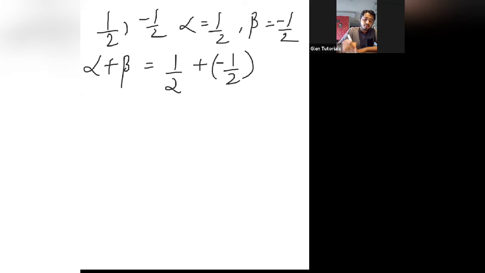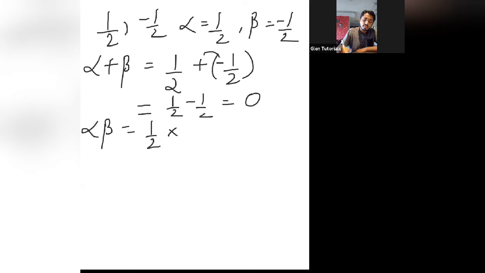It is minus, that's why we put it in brackets. So that is equal to 1 upon 2 minus 1 upon 2, that is 0. Plus and minus becomes minus, simple. Then alpha beta is equal to 1 upon 2 multiplied by minus 1 upon 2, that is equal to minus 1 upon 4: 1 times 1 is 1, with the minus, and 2 times 2 is 4. So we got alpha plus beta, we got alpha beta.